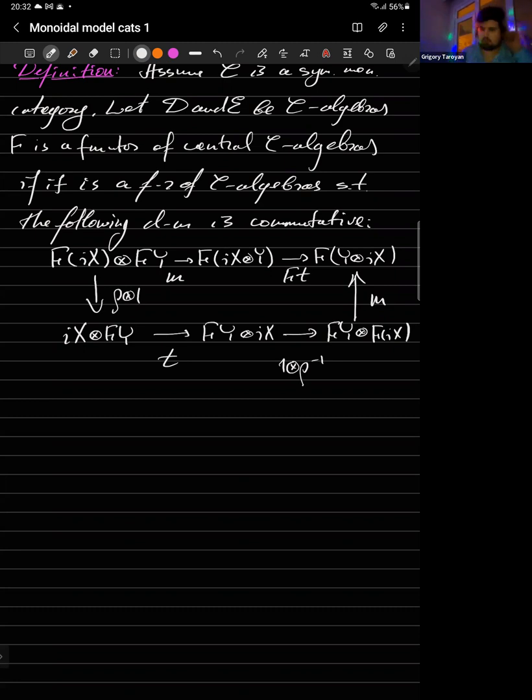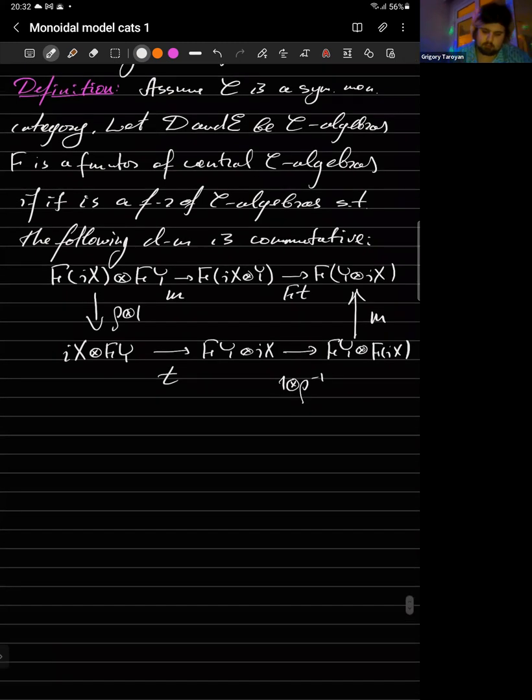Okay, so that's the condition that a functor is a functor between central C algebras.